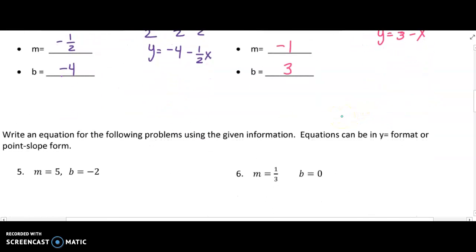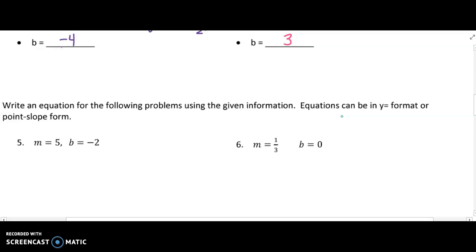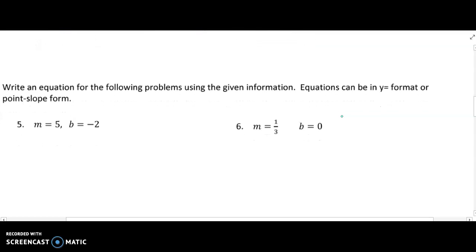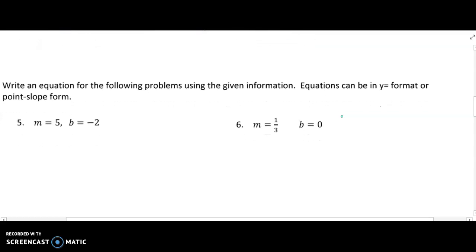All right. So write an equation for the following problems using the given information. Equations can be in the y equals format or the point slope format. All right. So we're going to do, let's see. So we have an m and a b.